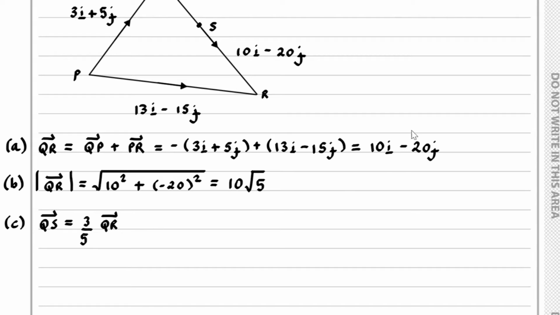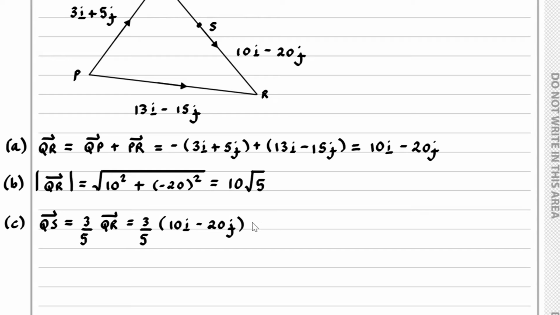Now, I already know what the vector QR is, so I need to multiply this vector by 3/5. So, we have 3/5 multiplied by 10i subtract 20j.